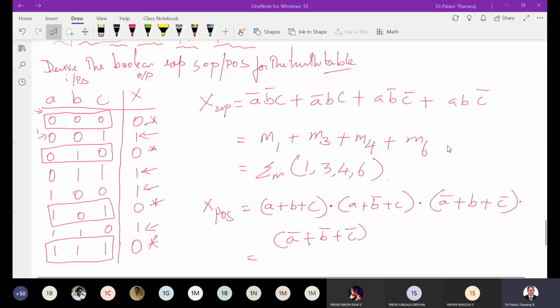Okay, let me select some other student now. Raj Kannan is here, 124. Raj Kannan.